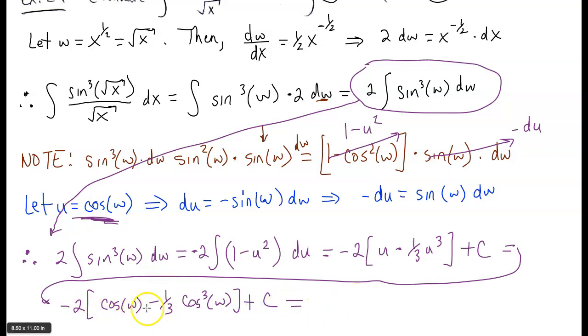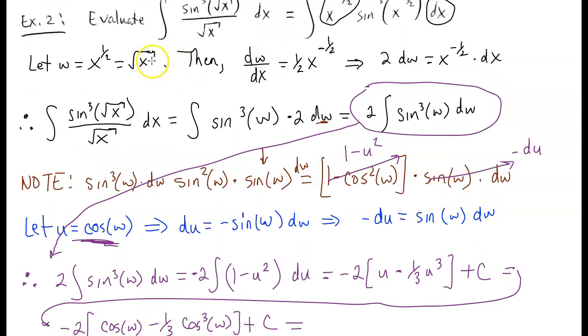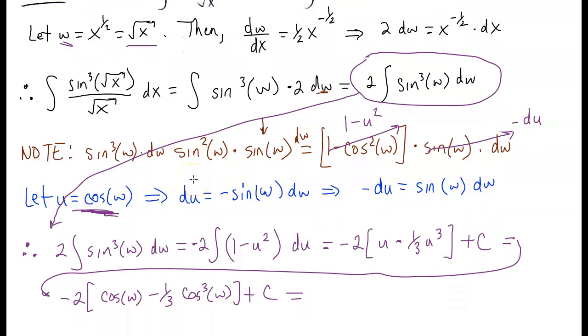And then finally, w, if we go back, remember w was equal to square root of x. So our final answer is going to be -2 times cosine of square root of x minus 1/3 cosine cubed of square root of x. All that plus c.